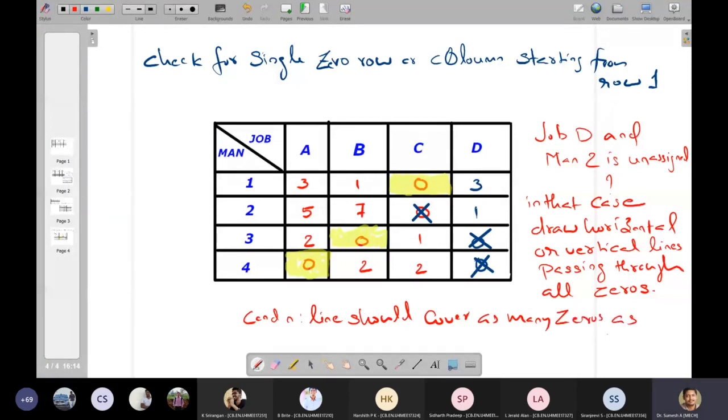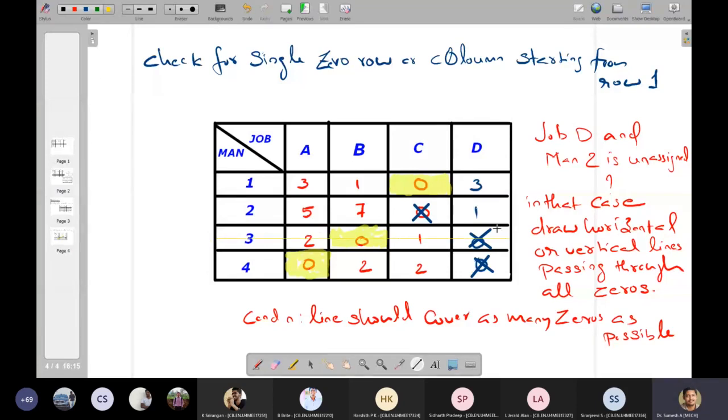So in row number 3, if I draw a horizontal line, it covers 2 zeros.